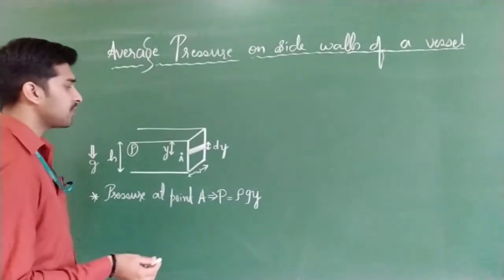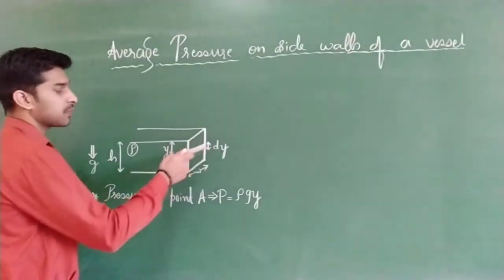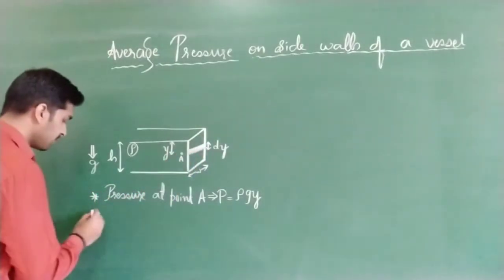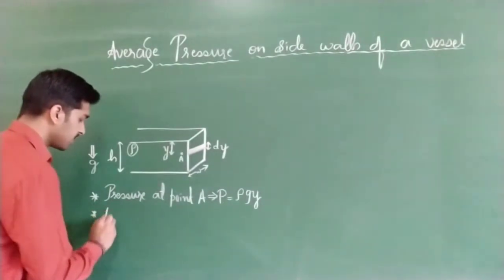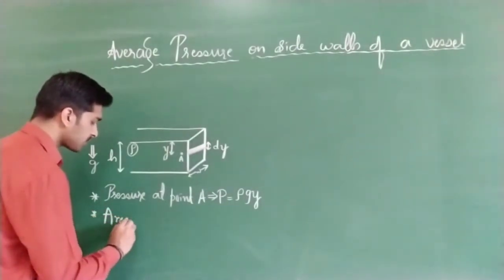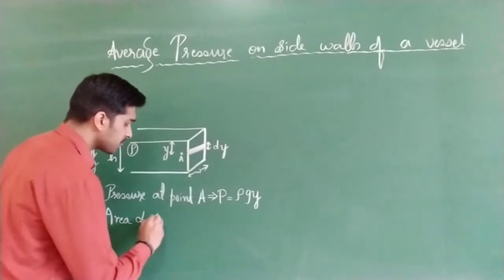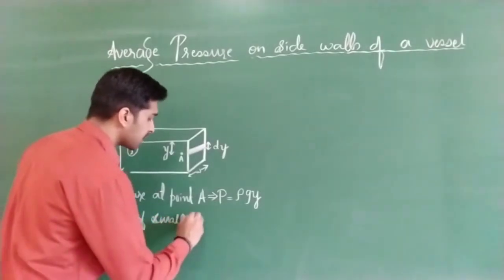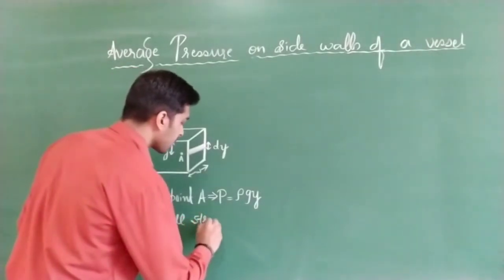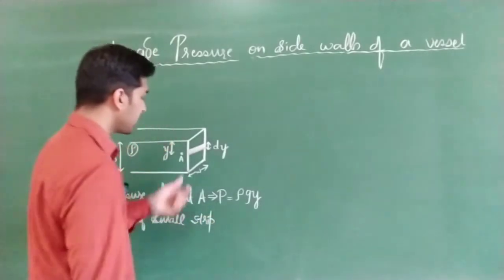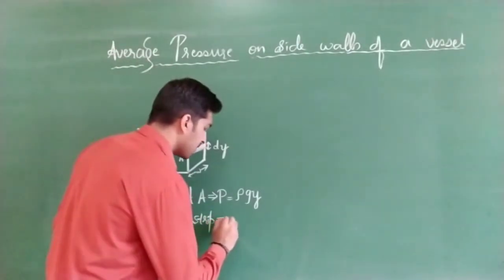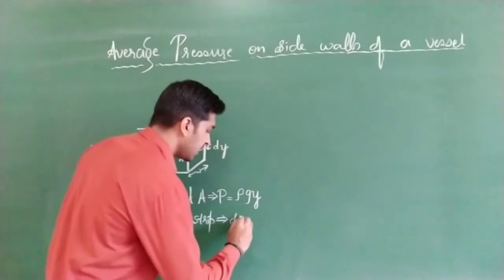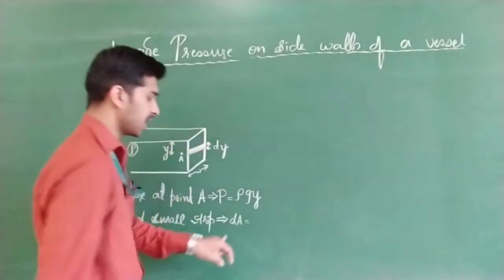Next, we will calculate the area of this small strip. Can you tell me what is the area of that small strip? I will be mentioning it as dA, the small amount of area.